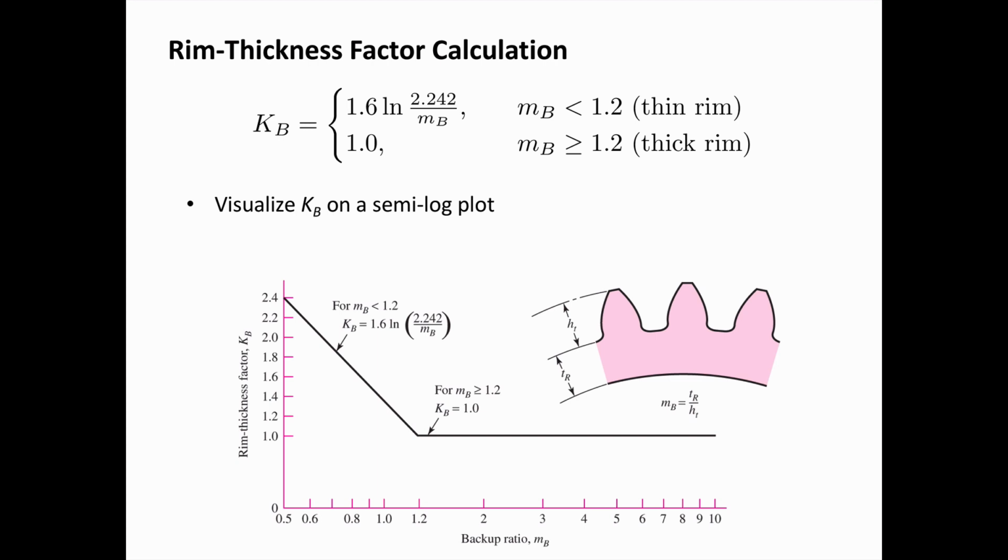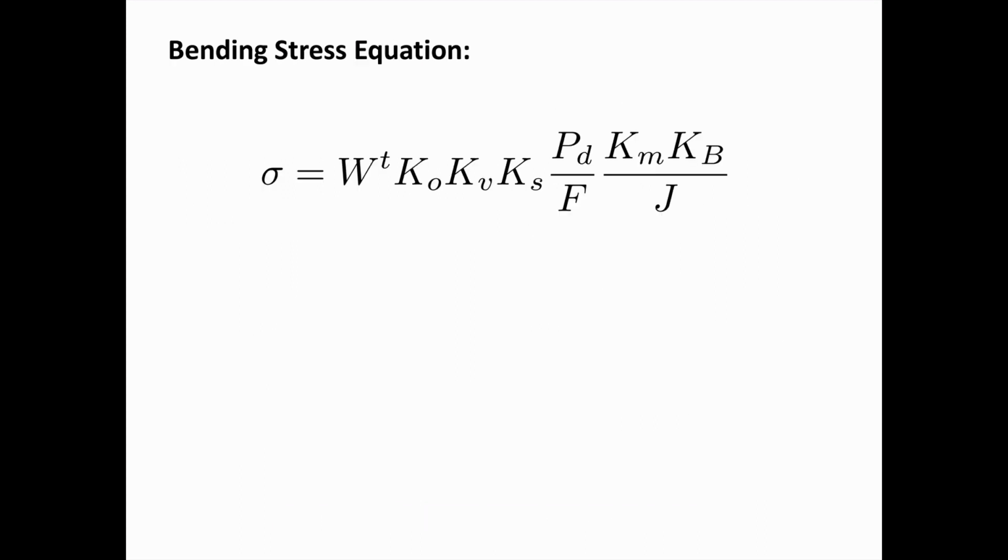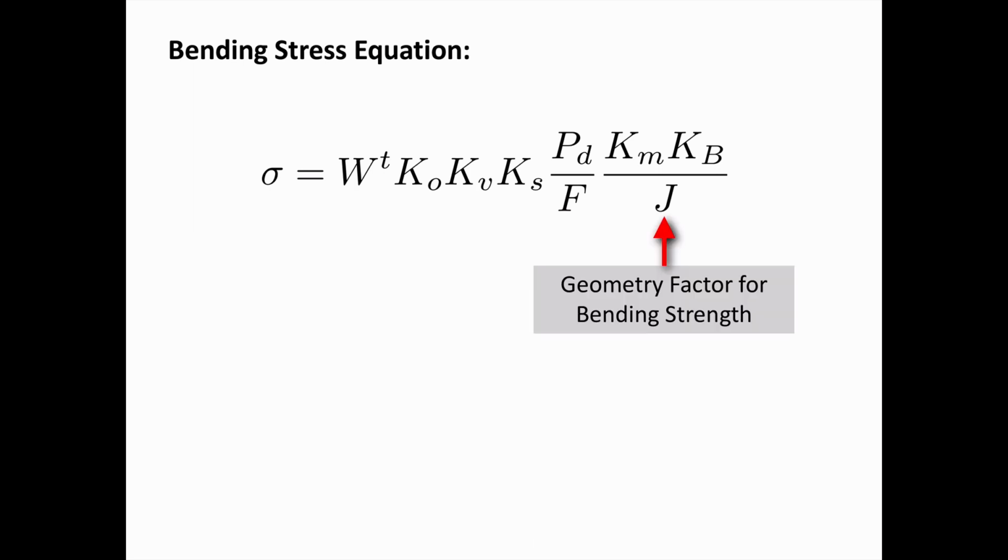This is where we would have an increased rim thickness factor k sub b, or in other words, as we move to the left on the plot below 1.2, k sub b increases. And if we move to the right, it just stays at a constant 1.0. So m sub b, we call that the backup ratio, and it's the ratio of the tooth thickness to the rim thickness. Back to the bending stress equation.